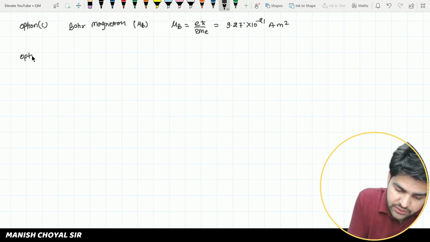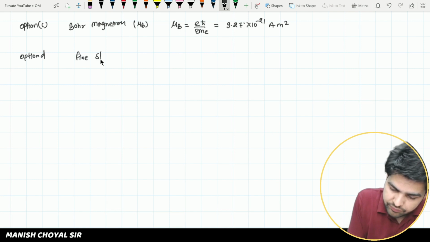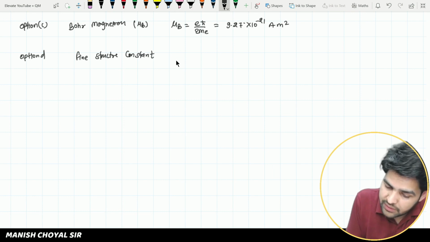Now option D, fine structure constant. So fine structure constant, that means alpha equals 1 upon 4 pi epsilon naught times e square divided by h cross c, and the standard value of alpha is 1 upon 137.